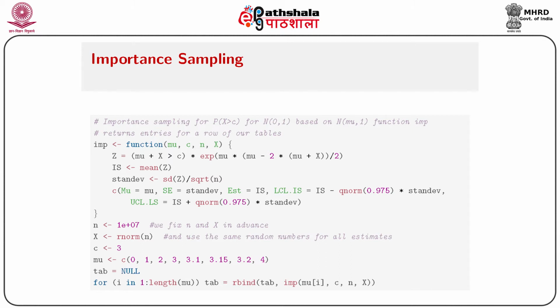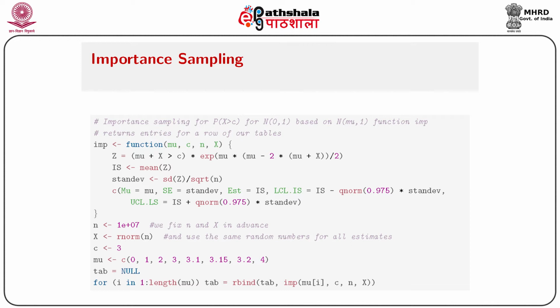The standard deviation is the standard deviation of z divided by the square root of n, and the lower confidence interval is the estimate minus qnorm(0.975), which is 1.96, times the standard deviation, and the upper confidence interval is the estimate plus 1.96 times the standard deviation. So this function will return the mu value, the standard error, the importance sampling estimate, and its 95% confidence interval. That's the way the function has been developed.